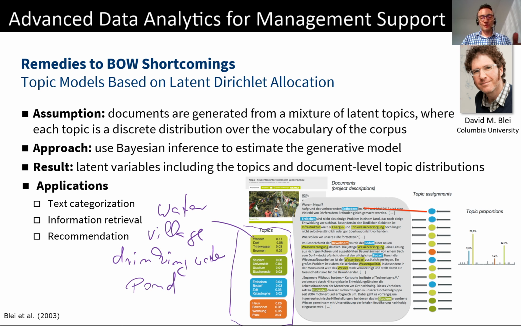So for example, if you want to classify the documents, instead of classifying the documents based on the document term matrix, which is so high dimensional and sparse and has this nasty long tail distribution, you could basically carry out the classification in the topic space that describes the document.